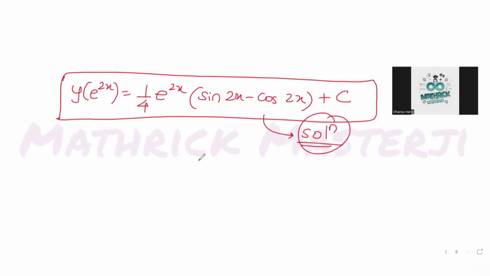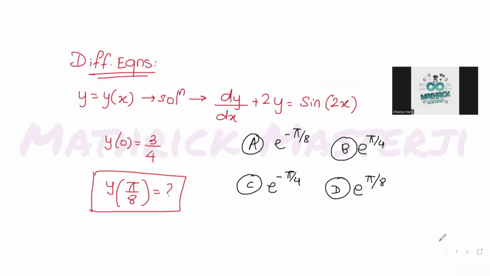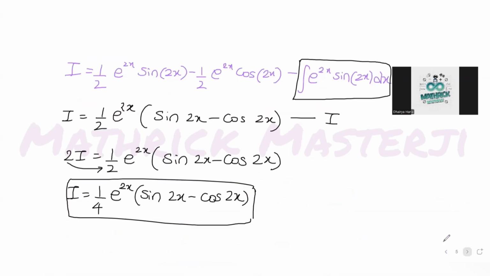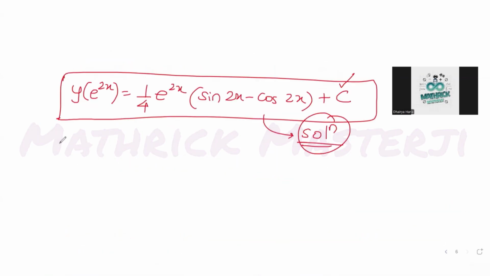Once I have the solution of this entire differential equation, let's try to figure out the value of c. To get the value of c, I'll just put the condition that says y of 0 is 3 over 4. That basically means that when I put x equals 0, y becomes 3 over 4. So if I put x as 0 here, I get y as 3 over 4.